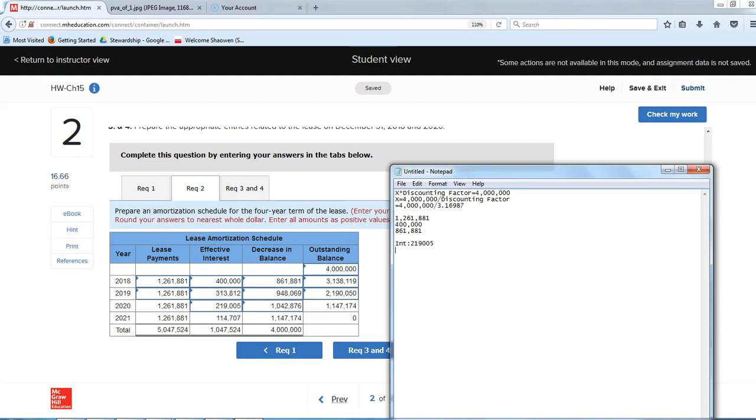Lease payable is 1,042,876. And the cash payment is the lease payment. Okay, so this information comes from my amortization schedule.